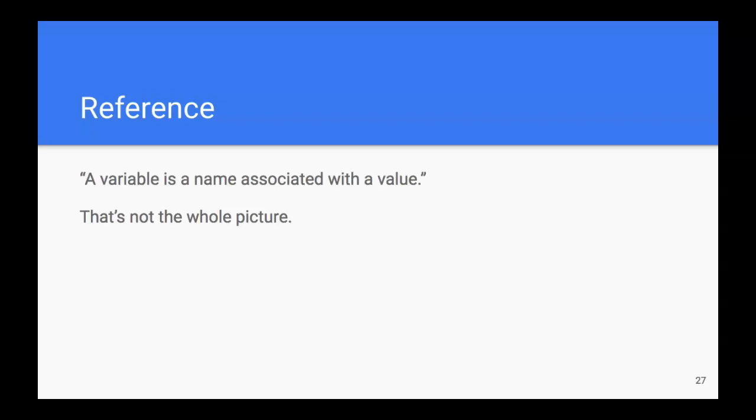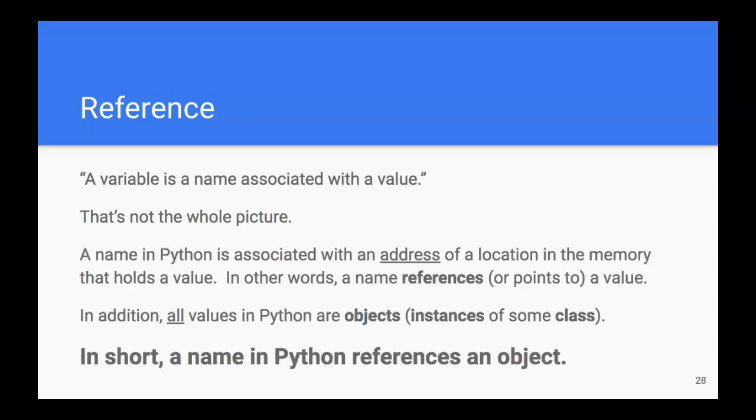So we've done like i equal to 105. So i is a name, 105 is a value, and the variable i is just associated with 105 the value. I think at that time I said this is not the entire picture, and that's right, it's not the whole picture, but I'm ready to tell you the truth.